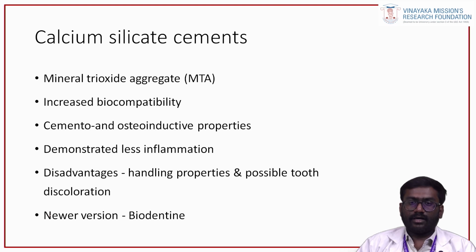It induces the formation of cementum and bone, with less inflammation. The disadvantages are that it is technique sensitive, with difficult handling properties and possible tooth discoloration. A newer version of MTA is Biodentine, which is gaining popularity, where it has all the properties of MTA and overcomes the disadvantages I mentioned.